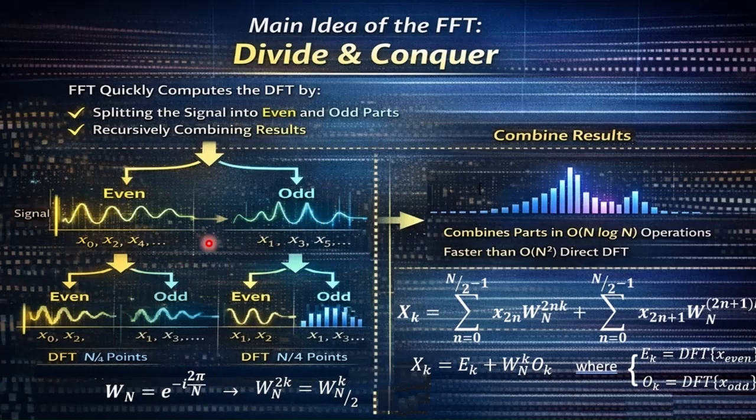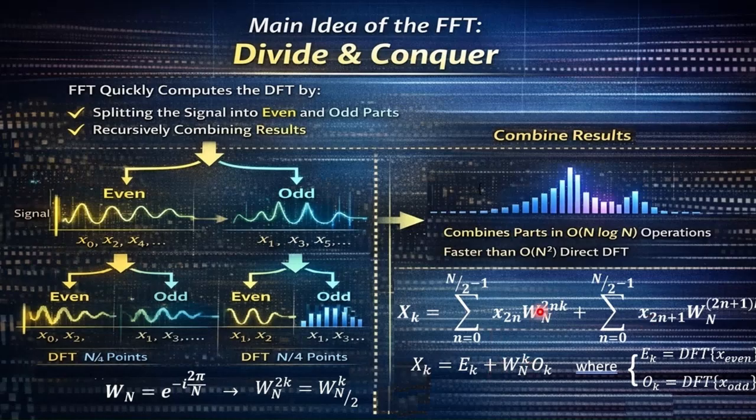Using a simple property of the complex exponential terms, the original DFT expression can be separated into two smaller summations. One summation corresponds to the even samples, and the other corresponds to the odd samples. As a result, the original transform can be expressed in terms of two smaller DFTs.